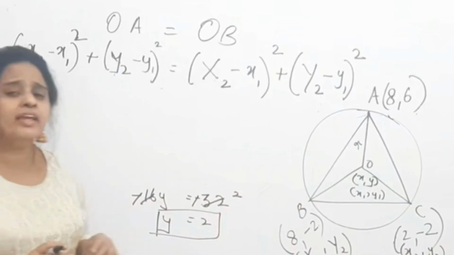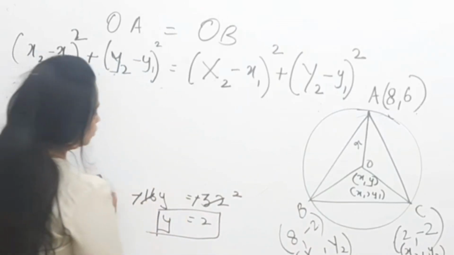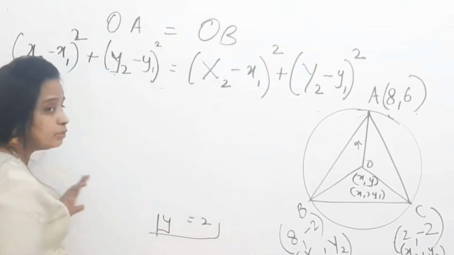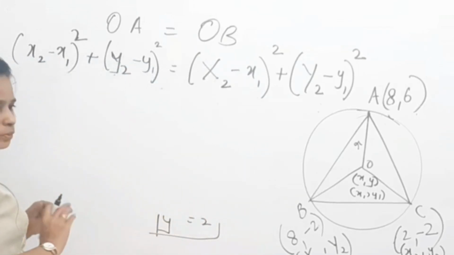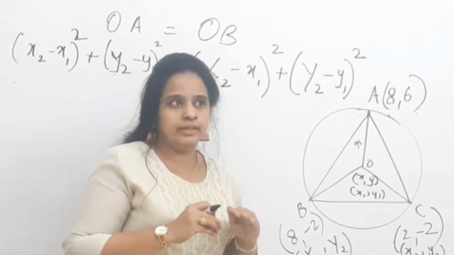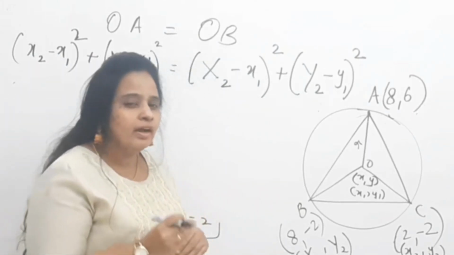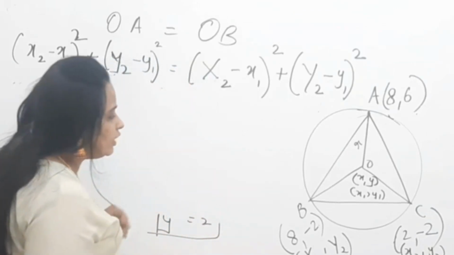So you should not be in a hurry to answer your question while you do your math problems. Sometimes you will get the chance of renaming. So you have to be a bit slow while solving the questions.